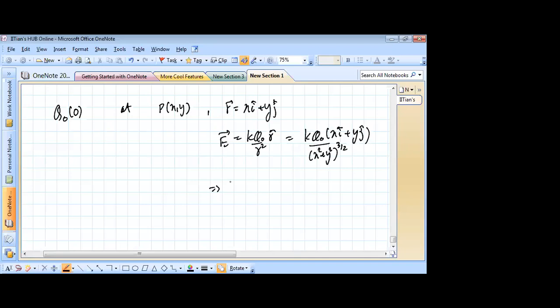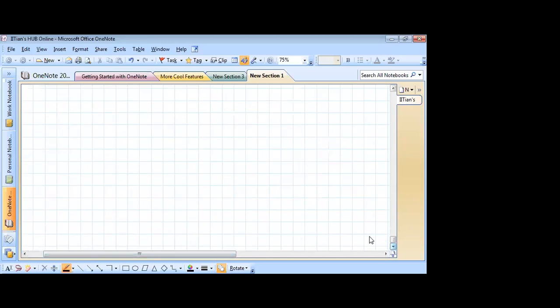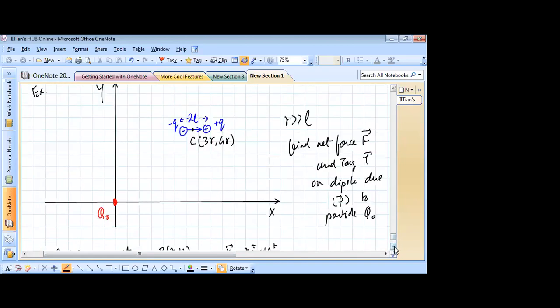You can see that the x component of the field is Kq naught x upon (x square plus y square) to the power 3 by 2, and the y component of the field is Kq naught y upon (x square plus y square) to the power 3 by 2.